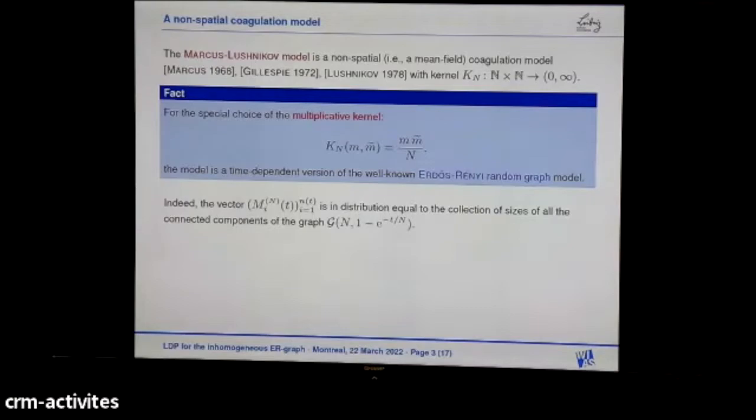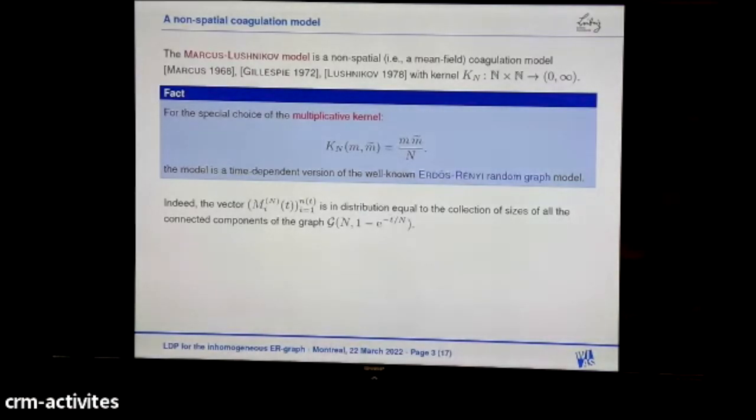For non-spatial models, there are also a couple of papers from something like 10 years ago by Fournier, and he gives interesting criteria for having a gelation time and when the gelation time is. Unfortunately, we were not yet able to use these works for spatial models.